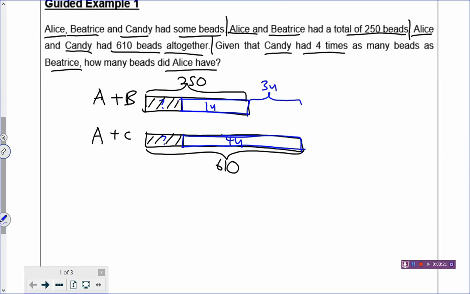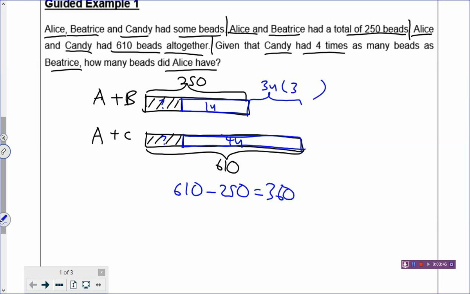Then you look at the whole numbers. Can you find the difference in the whole numbers? The total for the rectangle of Alice and Candy is 610, and you minus the 250 and you get the difference. So 610 minus 250 gives you a difference of 360.